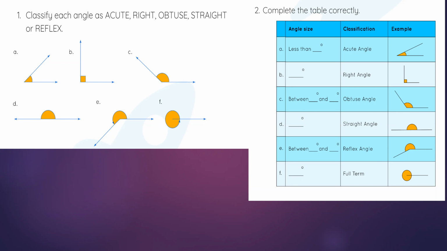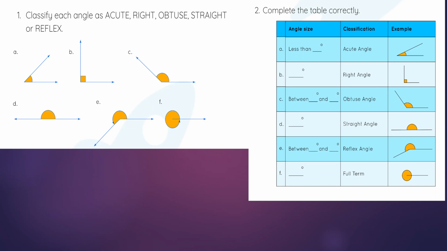So draw the angles. Once you finish drawing the angle, then write down either acute, right, obtuse, straight, or reflex.